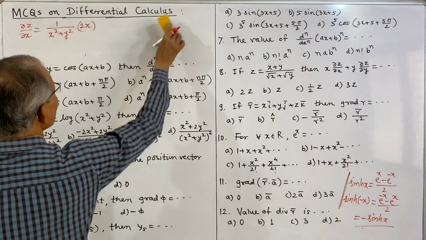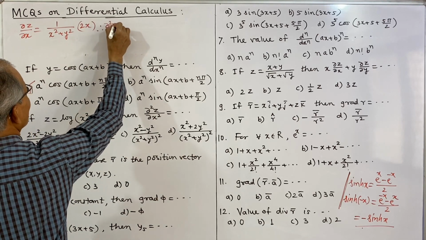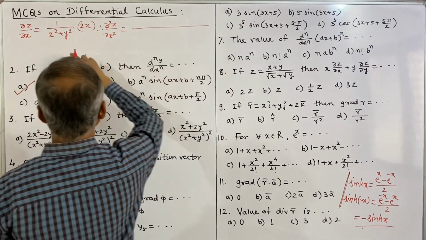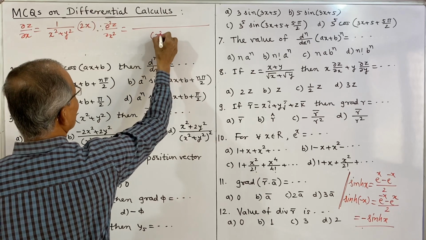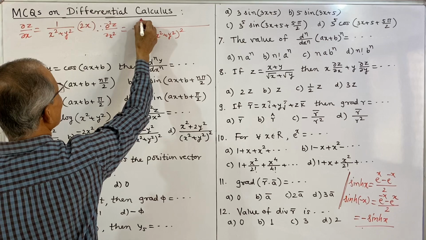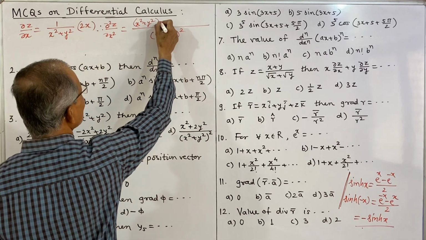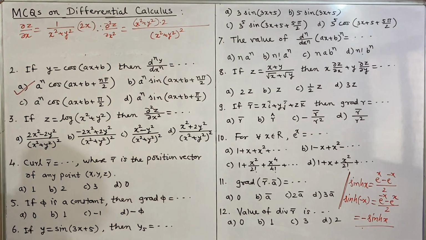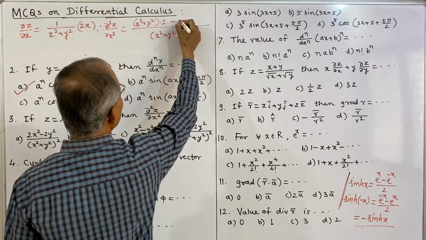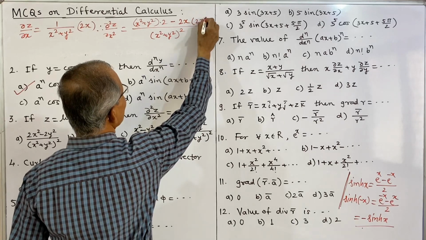And now the second derivative is to be obtained using the quotient rule. So dou 2z by dou x square is equal to, using the quotient rule, the square of the denominator at the denominator, and then the denominator, that is x square plus y square, into the derivative of the numerator with respect to x, that is 2, derivative of 2x is 2, minus the numerator, that is 2x, into the derivative of the denominator, that is again 2x, so 2x into 2x.